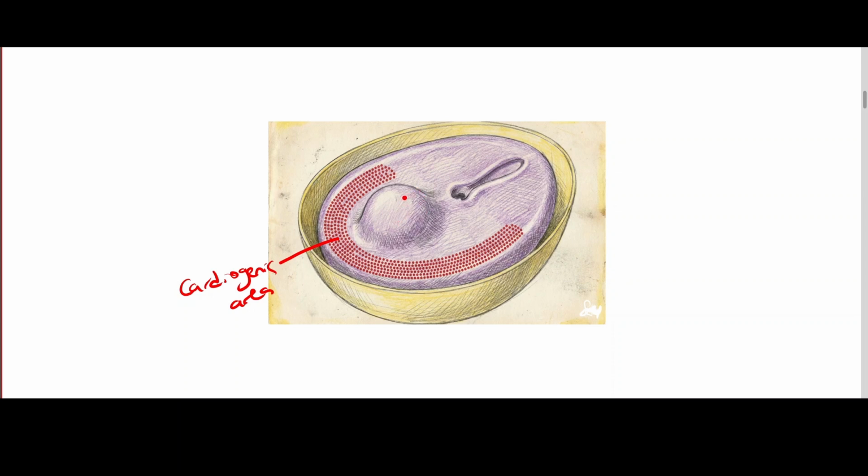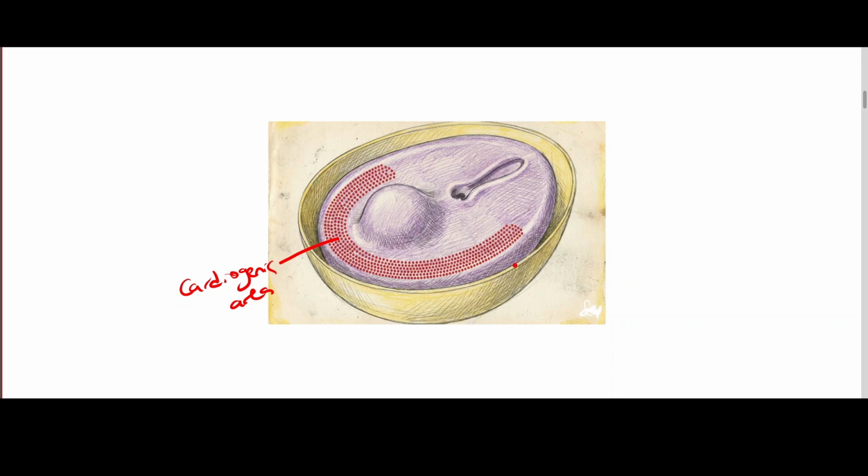So this is the developing brain. You can see that the cardiogenic area is cranial to the developing brain. Okay, so the developing heart is actually above the developing brain at this stage of development.